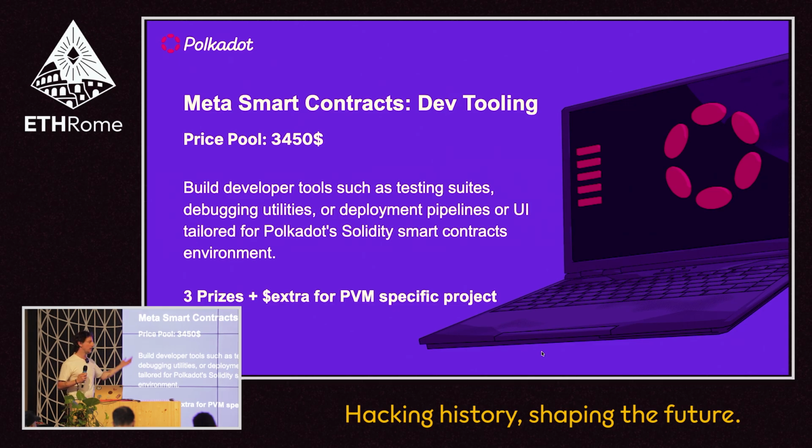We are prizing that, with a specific focus. If you are doing something specific with the PVM features and you are building something to make the life easier of others, we have extra cash for you.